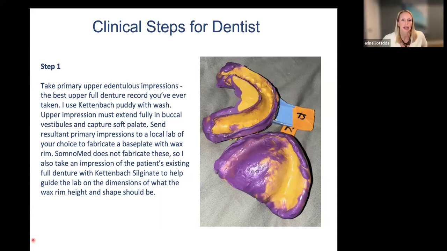So we take an upper edentulous impression, the best upper full denture impression you've ever taken. We need to get the vestibule so that we have good retention there, but we also have to get that hard, soft line. So you need to make sure it's posterior enough that we have that. So I have patients kind of puff their cheeks.